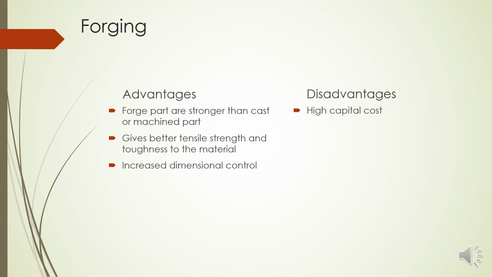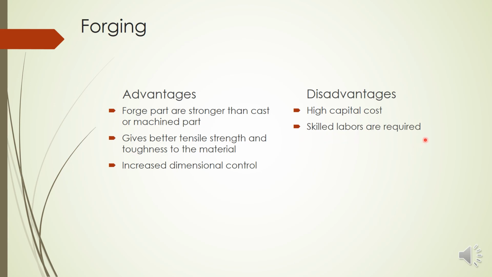But the disadvantage, you require high capital cost, because, as you have already seen, a large hammer press is required. To control that, we require a control mechanism, and a prime mover is required. So all this will add to the cost. So high capital cost will be one disadvantage.